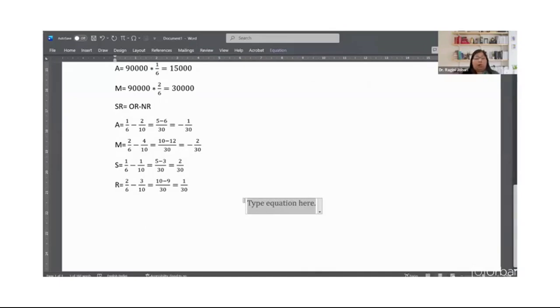So this is 1 upon 30 multiplied by 4,50,000. And how much do I get? Well, I get 15,000. Okay, this is 15,000.